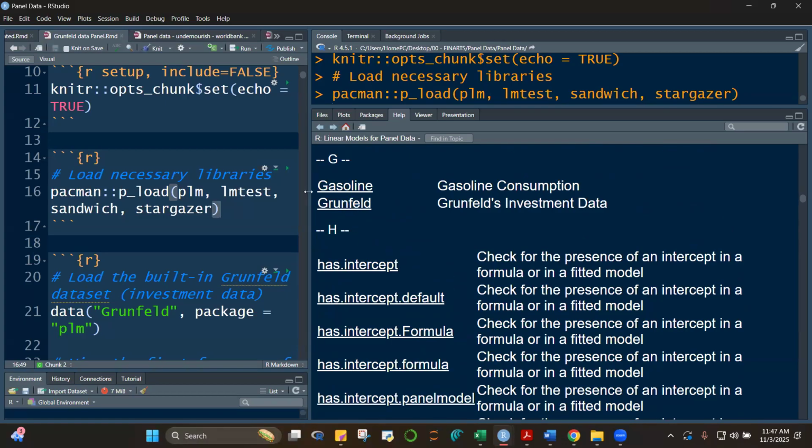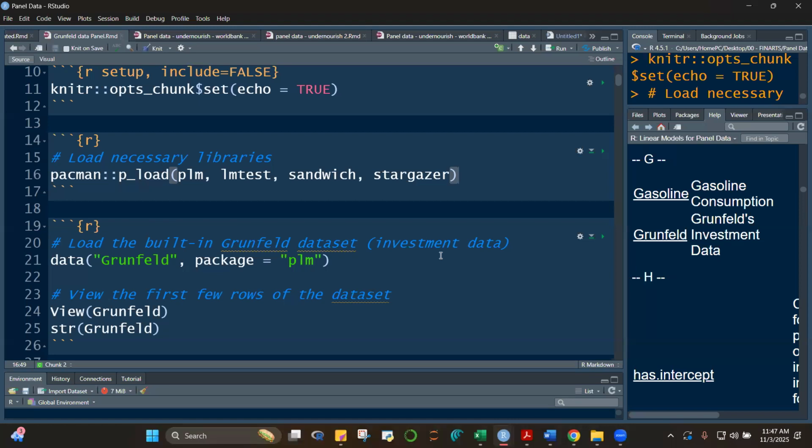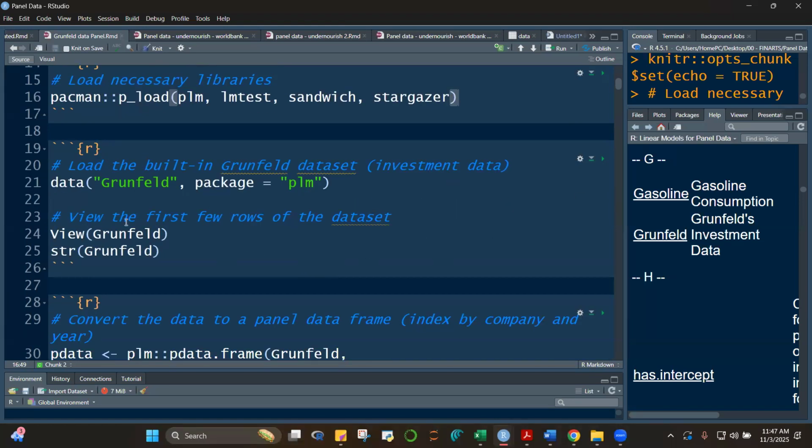So we're going to load this data, and here, let's load the Grunfeld data from PLM. We can write data Grunfeld, or you can identify the package: Grunfeld, package equal to PLM. It will both run, class, because Grunfeld, if I'm not mistaken, is not found in other packages.